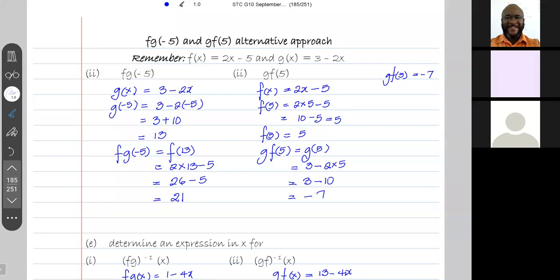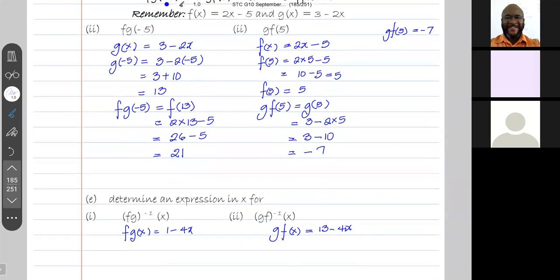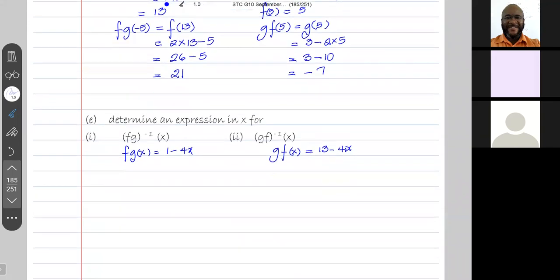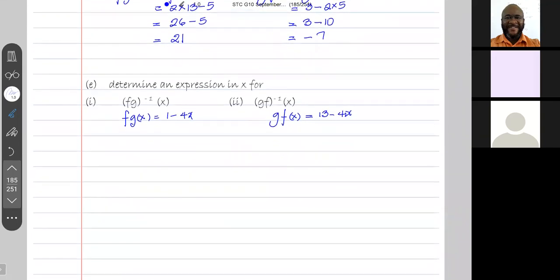All right, so the next thing we're going to do is find the inverse of a composite function. E says, determine an expression in x for f of g inverse of x. So in other words, we're being asked to find the inverse of the composite function f of g of x.